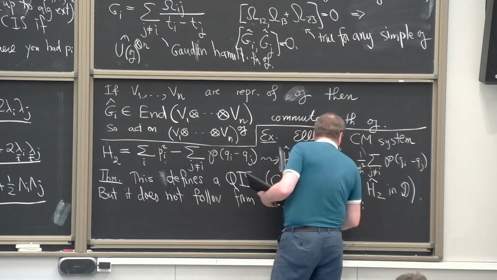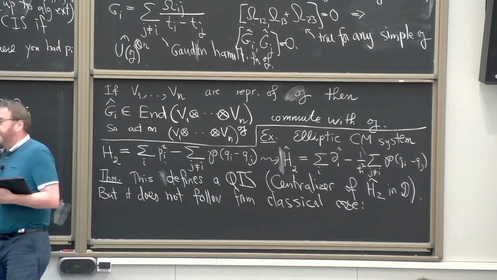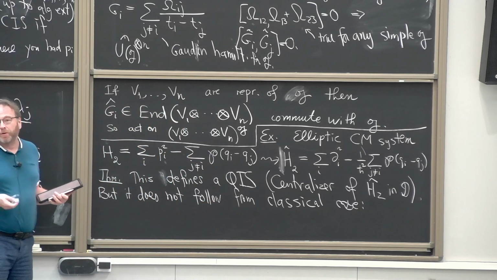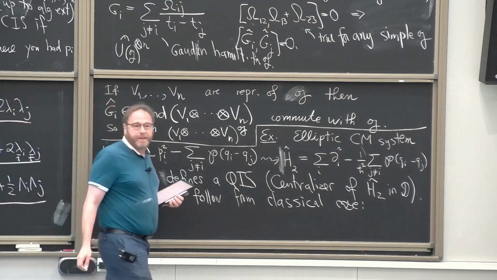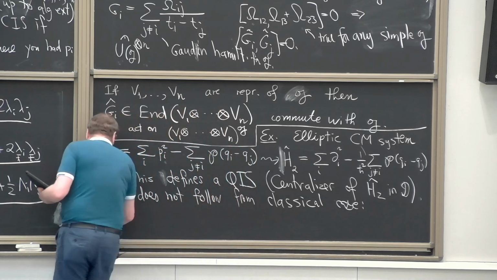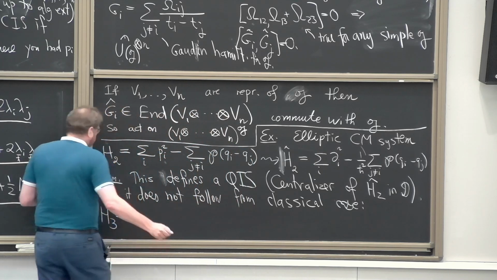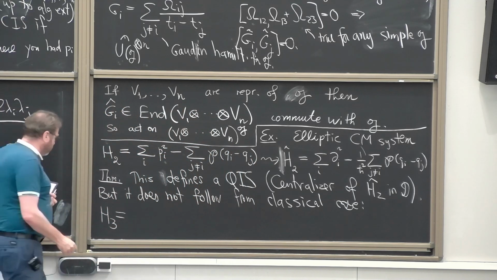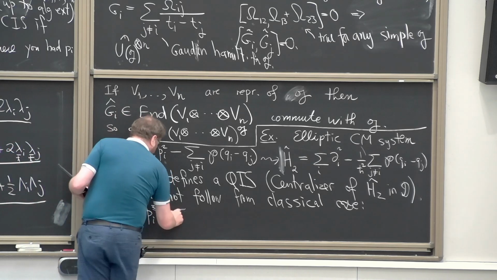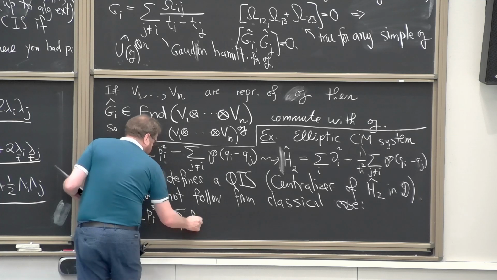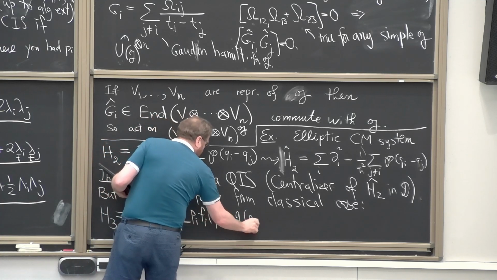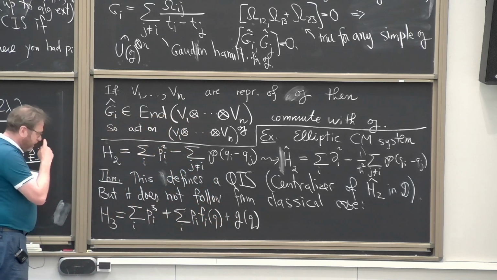And the reason is the following: I mean, it doesn't immediately follow. If you play around, you will figure out the correct orderings in this case. But in more complicated cases, it's not going to follow. Suppose you want to look at the H3 Hamiltonian. I gave a problem yesterday of computing this Hamiltonian. It has the form sum of p_i cubed plus sum of p_i times functions of q, plus another function of q. I'm not going to tell you these functions for two reasons.